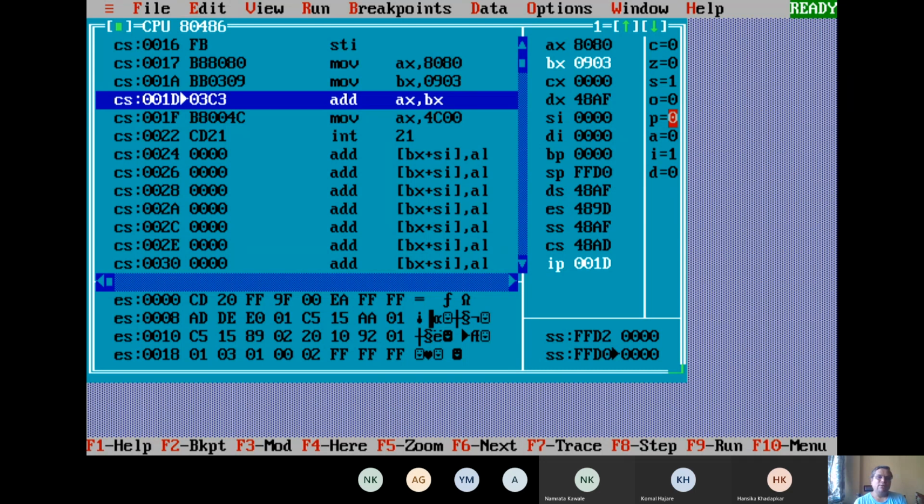Now when I execute the add instruction, you have to observe the result stored over here and the status of parity. Now there are two possibilities, either parity will be 1 or parity will be 0. If I consider the rule that parity will be calculated by considering all bits of the result, then definitely P should be 1, because all bits of the result, as we have just seen in the editor, there are 6 ones in the result.